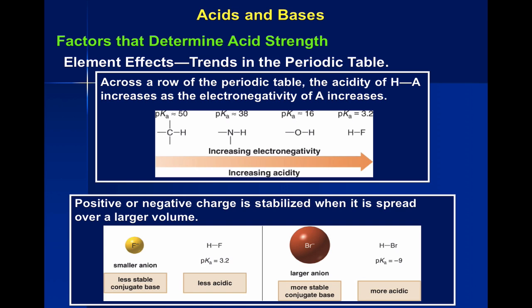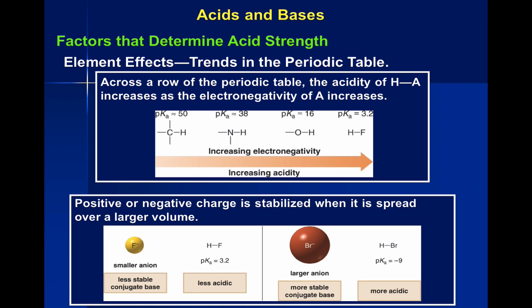Why does size matter here? Okay, that's right. If we take that negative charge and spread it out over a larger volume, that is a more stabilizing effect. It also has to do with solvation. Bigger atoms are easier to solvate than small atoms. And so you have that stability in aqueous solution anyway. We're dealing with all these in solution.